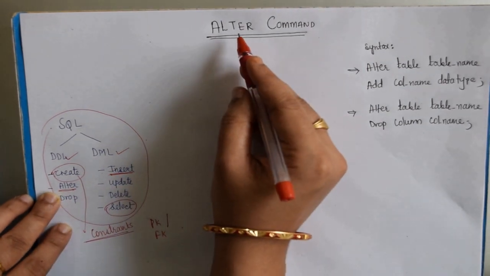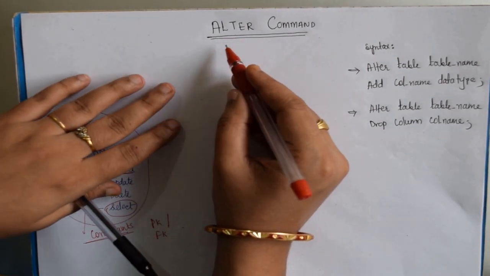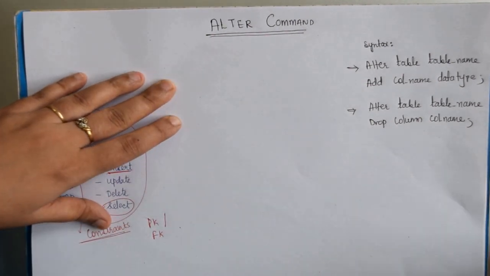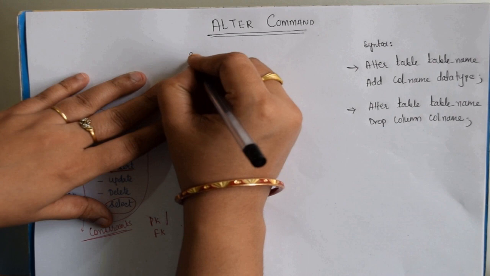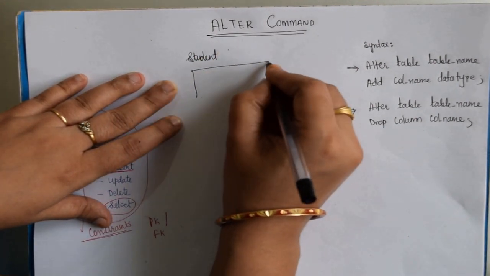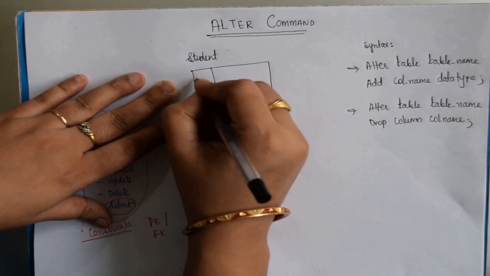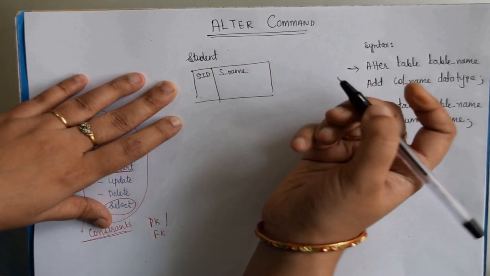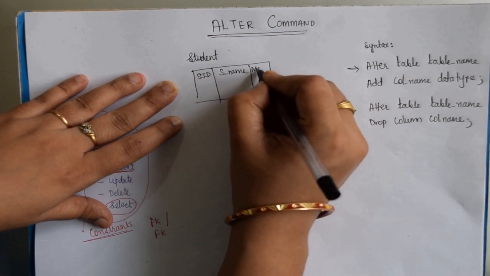So where this alter command is used, so for example we have a student table. In this table I have attributes, say student ID, student name and say marks.